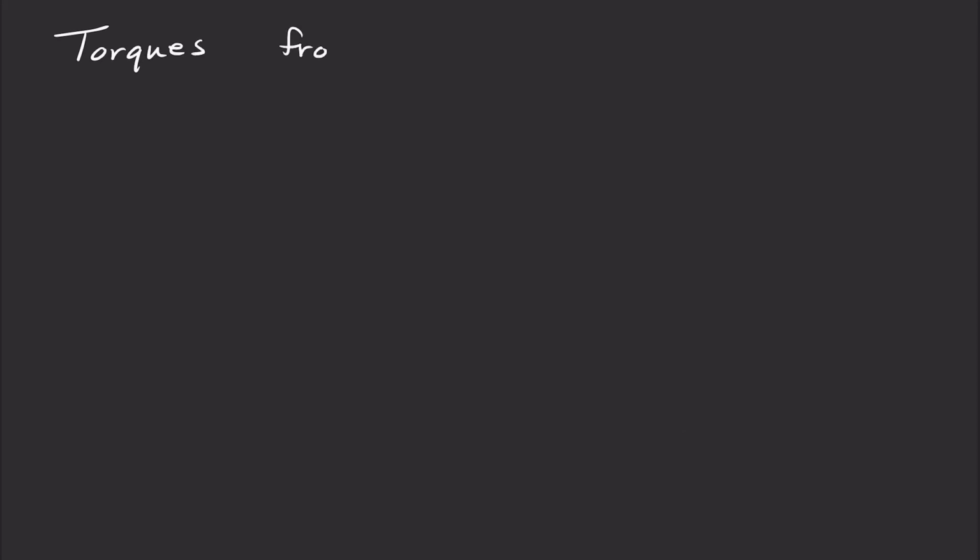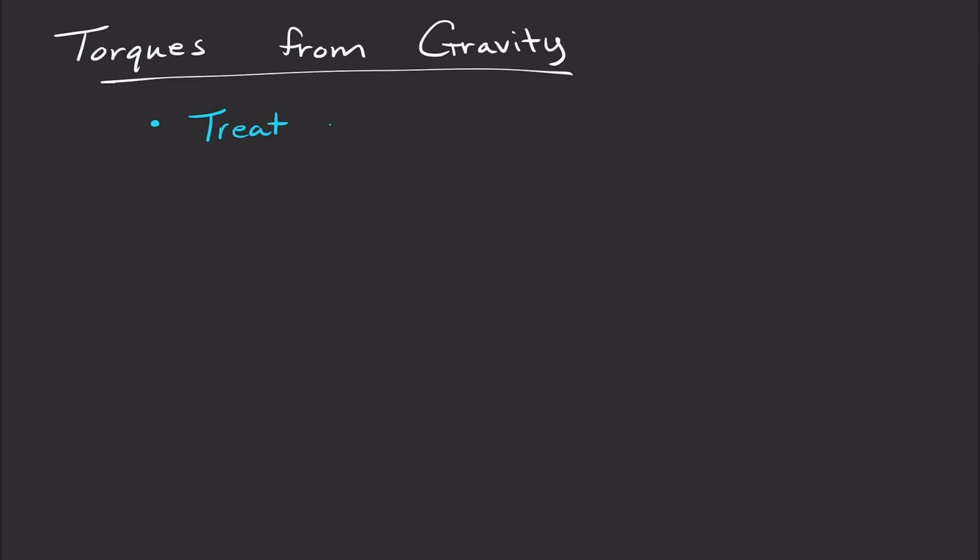Now I want to talk about torques from gravity. All objects that have mass feel the gravitational force of the Earth, namely their weight. And so we need to know how to treat the force of gravity in terms of torques. The way we want to treat it is as though the weight is acting as a single force.